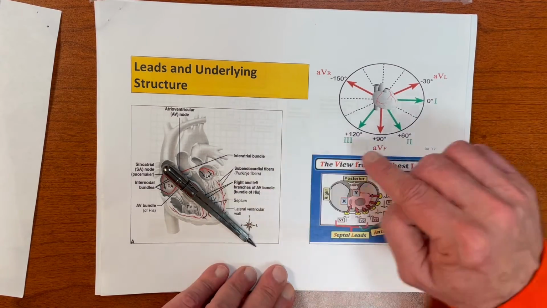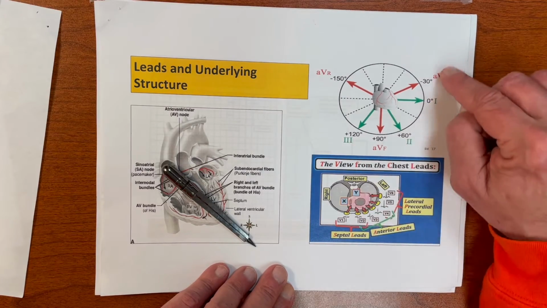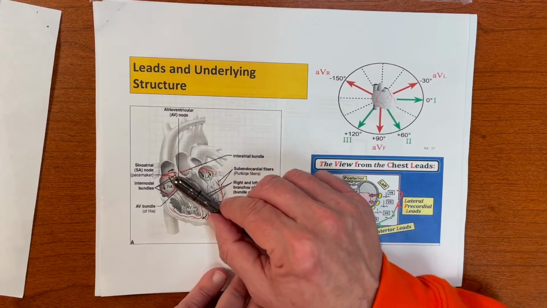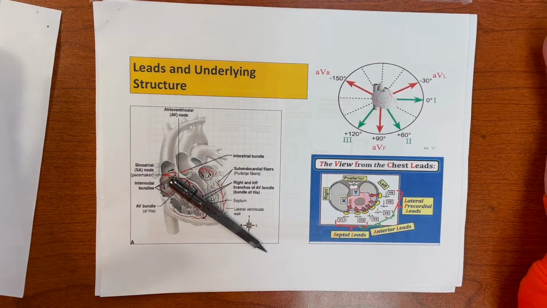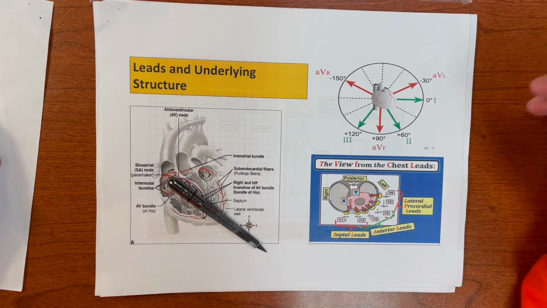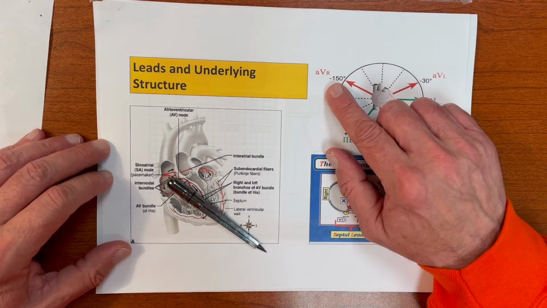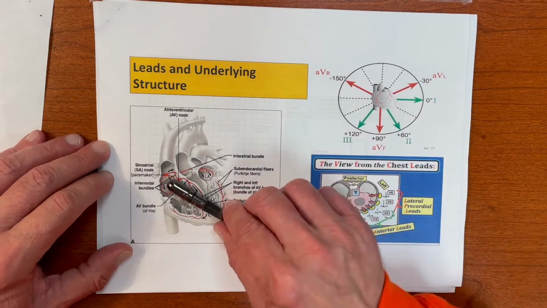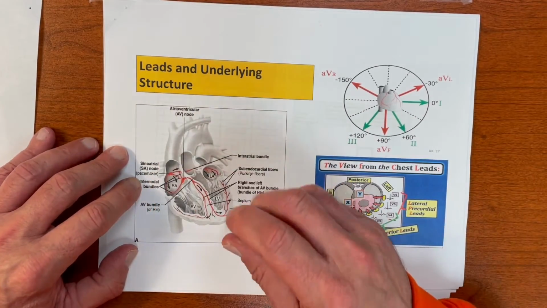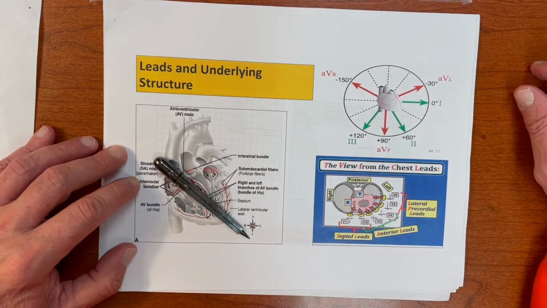Knowing this, we can anticipate what normal would look like in these leads. Using the basic law of electrocardiography, going away from a lead is negative, towards it is positive. We can anticipate that in aVR the complexes should all be negative, because you're depolarizing the entire heart from the most superior structure, which is here, to the apex, and it summarizes like that.